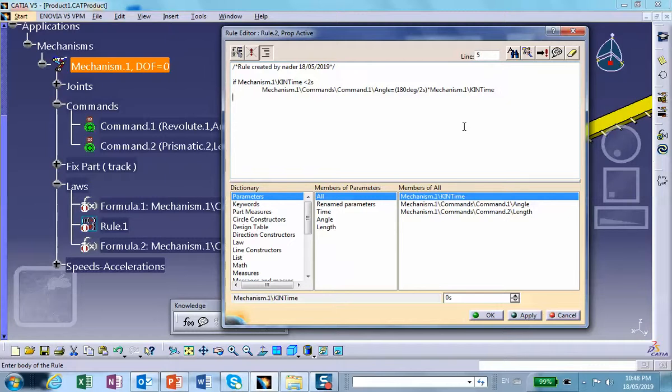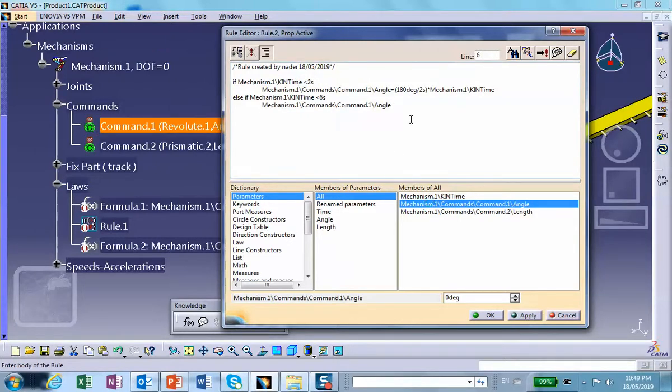Else if time less than 6 seconds, then angle equal to 180 degrees. And the last leg of the trip, else angle equal to 180 degrees.